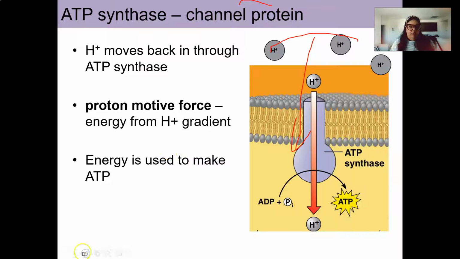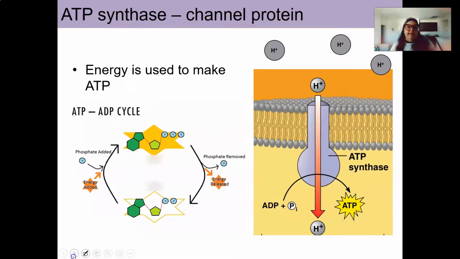And then, well, how are we making ATP? What's happening? Okay, so we're moving a motor. It's a big protein complex. And remember, we're making ATP. So ATP is a cycle.